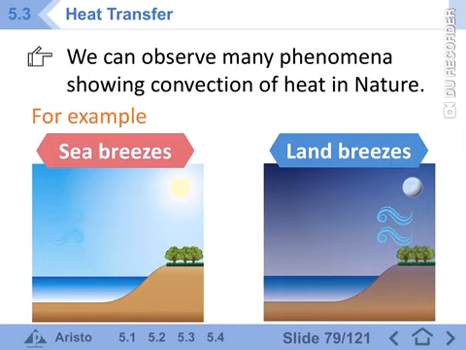The heat goes up, and the space left behind is replaced by wind coming inland from the ocean to the land, so we can sense the sea breeze. At night it is the other way around. The ocean is a lot warmer than the land, so the air above the ocean rises, and the cold air from the land comes out to replace it.